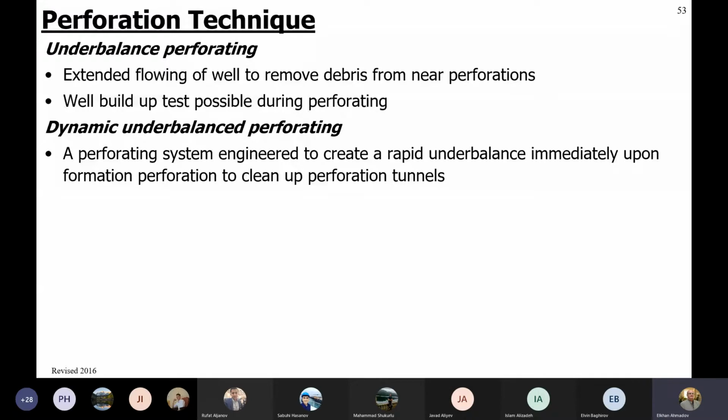So we will get a very clean, very open perforation tunnel. Okay, we'll talk about that later.